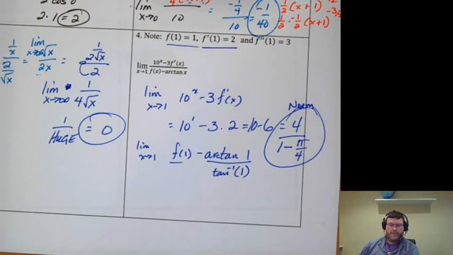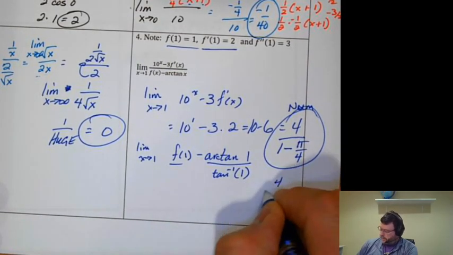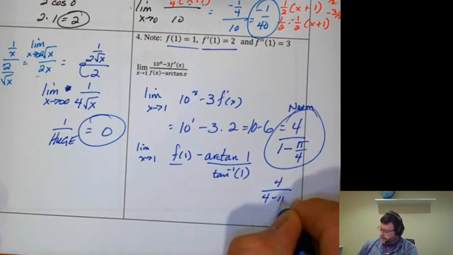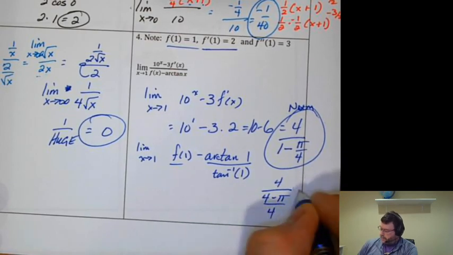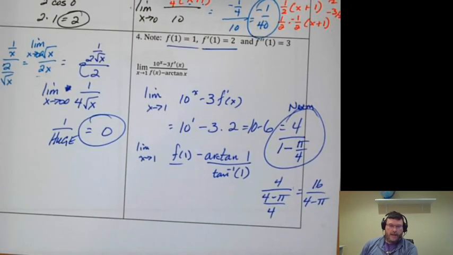So your answer would be 4 over 1 minus pi over 4, which is a totally acceptable answer. If you wanted to rationalize, you get 4 over 4. And if you wanted to go a step further, you get 16 over 4 minus pi. Any one of those answers is acceptable.